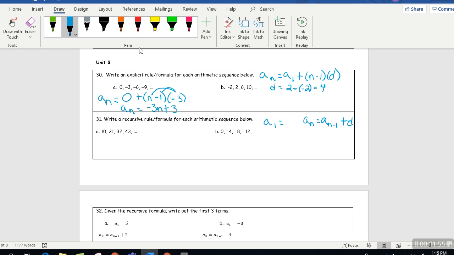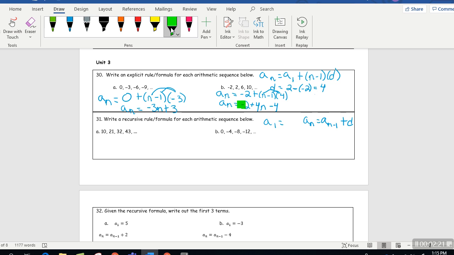So if we're writing our equation, we would get negative 2, because that's our first term, plus n minus 1 times 4. From there, we distribute and simplify again. So we've got a sub n equals negative 2 plus 4n minus 4.